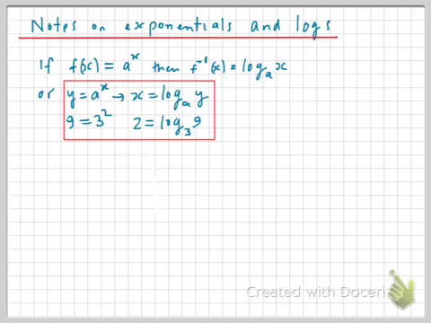Another way to express the same idea is to say if y equals a to the power x, then x equals log of y base a. I started off this whole topic with this example where I had 3 squared equals 9, so the power comes down, 2 equals log 9 base 3.